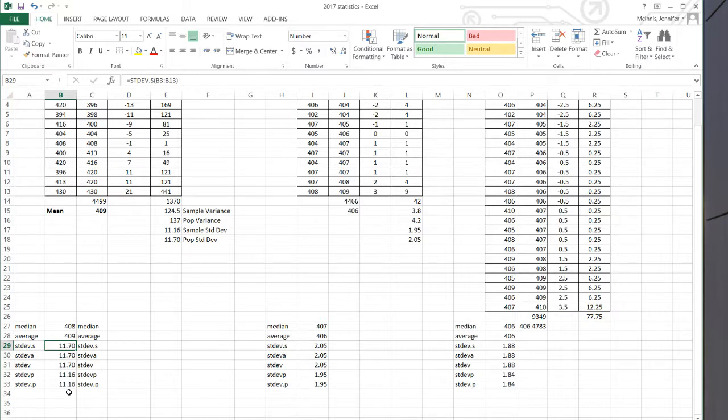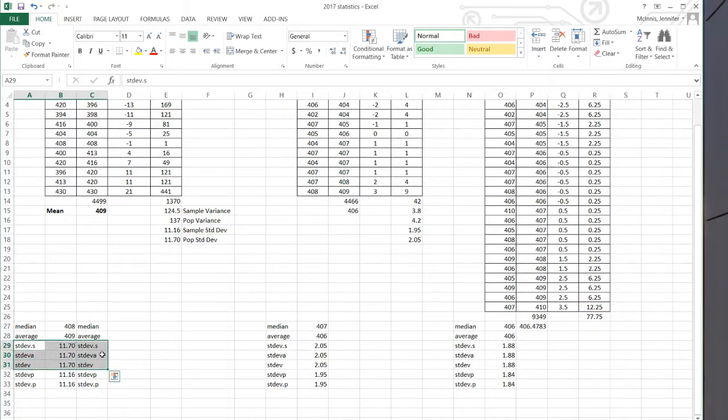What is not always intuitive is whether or not Excel wants to use a sample or a population standard deviation. And I guess I should have shown that you can also do the variance, but these are all considered sample in Excel. But you'll notice it matches what we consider a population standard deviation.